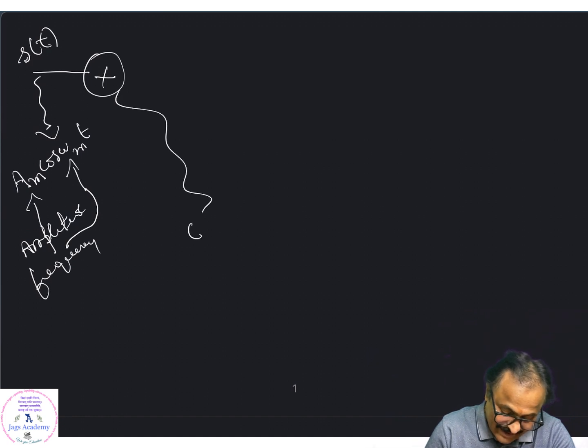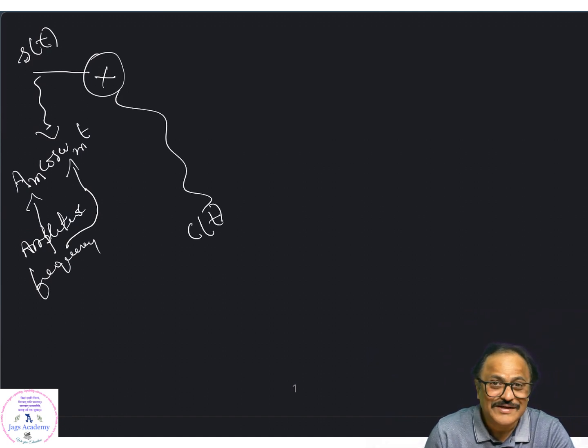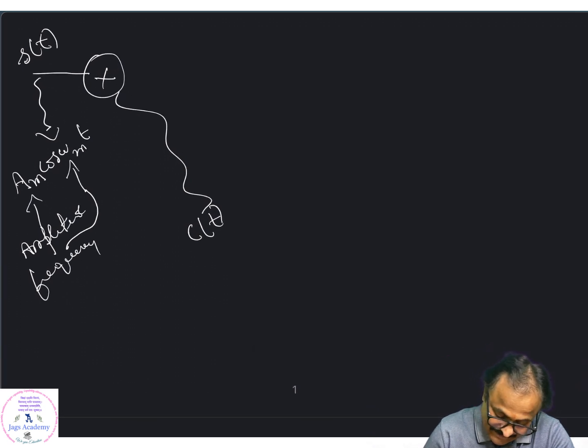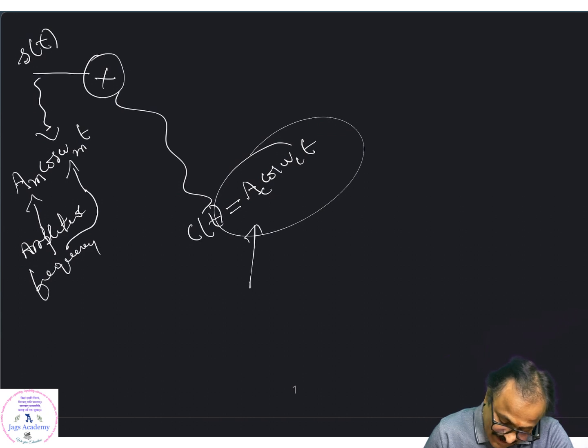And this signal is multiplied by another high frequency wave, which is called a carrier wave. I will write it as Ac cos of omega c t. This is a high frequency carrier wave.